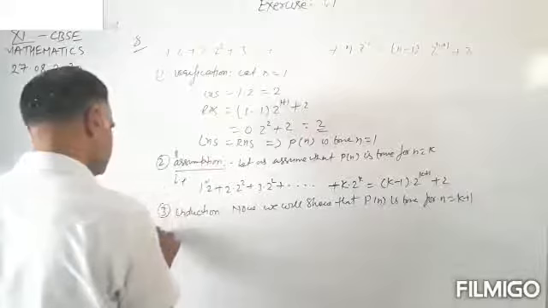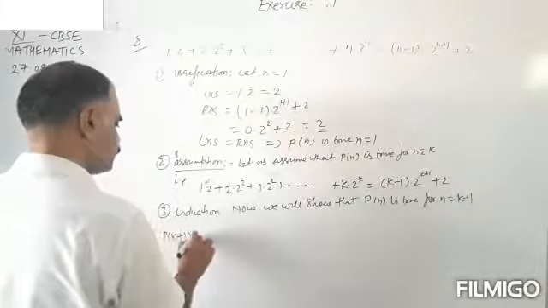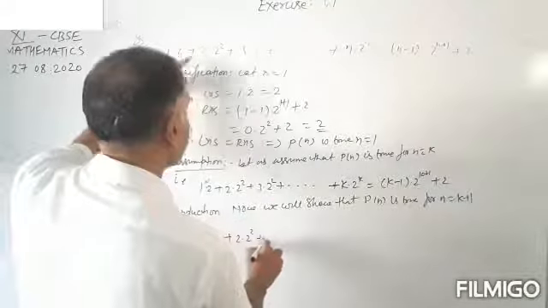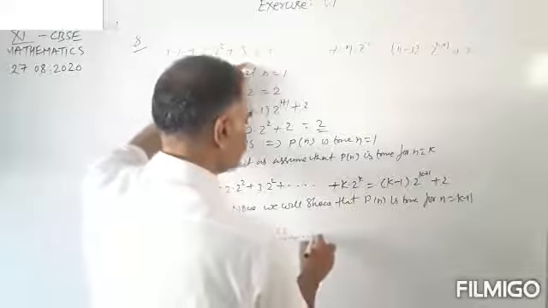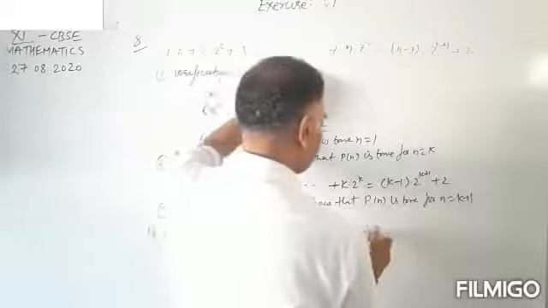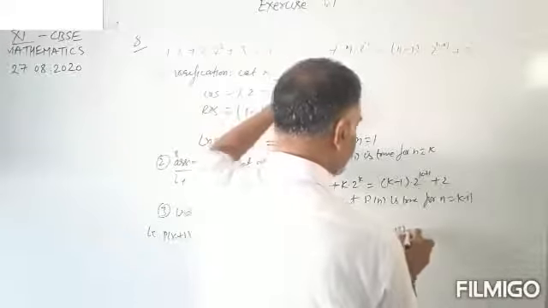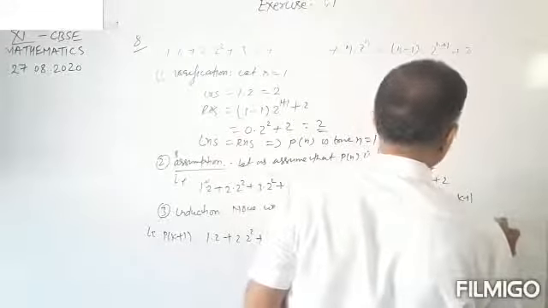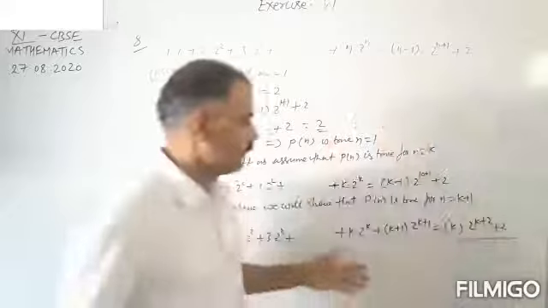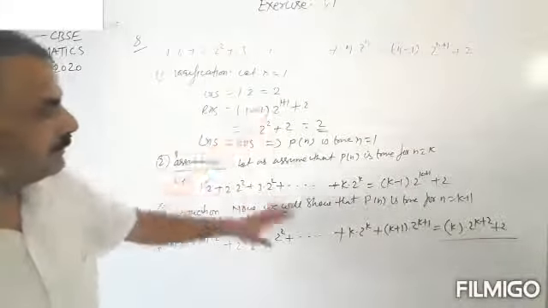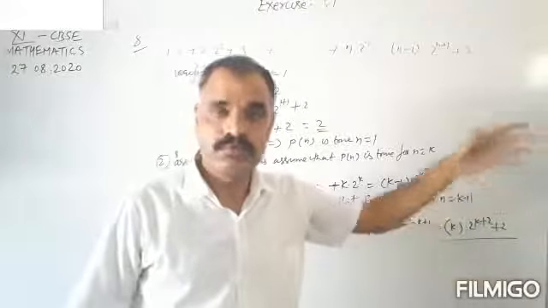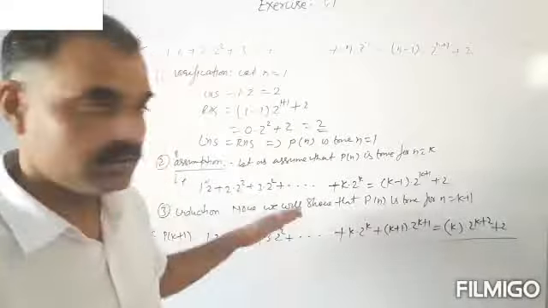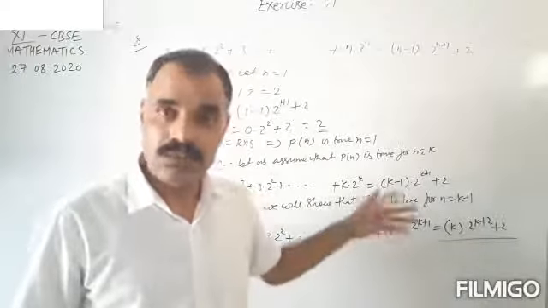That is, P(k plus 1) is 1 multiplied by 2 plus 2 multiplied by 2 square plus 3 multiplied by 2 square plus and so on plus k multiplied by 2 to the power k plus (k plus 1) multiplied by 2 to the power (k plus 1) equals k 2 to the power (k plus 1) (k plus 2) plus 2. Okay, this is the given statement up to n equals k plus 1, the (k plus 1)th term. Now we will show this statement using the assumption.